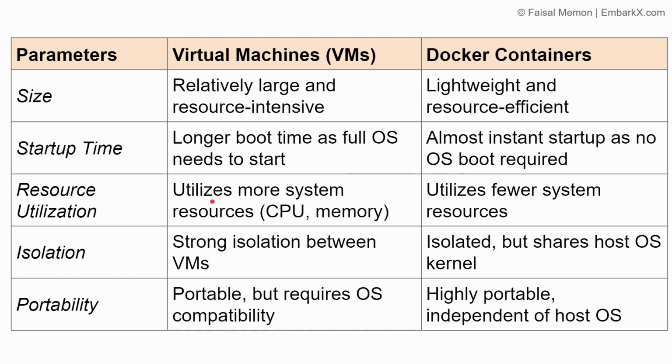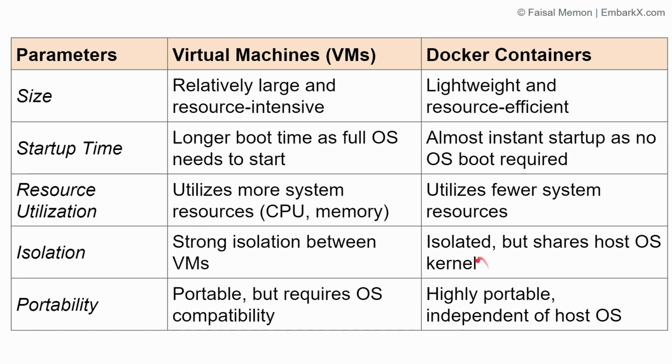In terms of resource utilization, virtual machines use more system resources like CPU, memory, and so on. But a Docker container, on the other hand, will utilize really few system resources. In terms of isolation, there is a strong isolation between multiple VMs because they each have their own operating system.